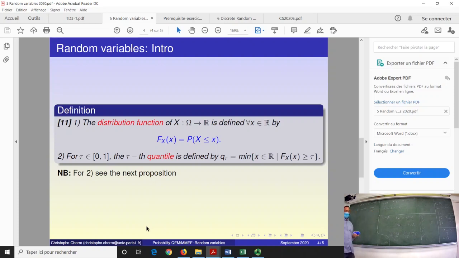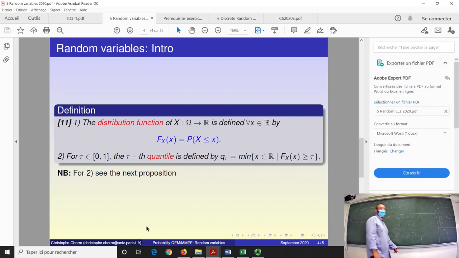And I define what we call the distribution function. The distribution function F of capital X, being related to my random variable here, is a mapping from R into [0, 1] that associates to any real number small x the probability that X is less than small x.